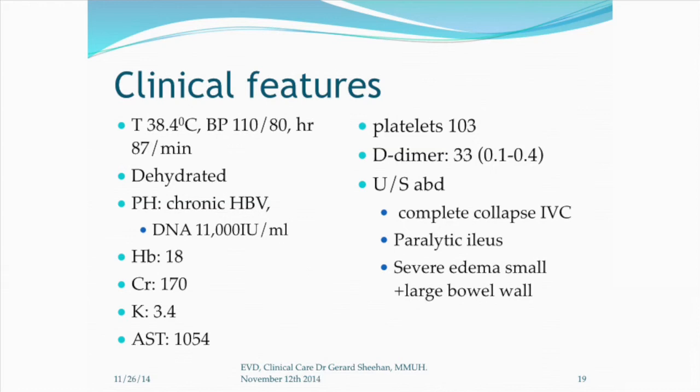Transaminase of about 1,000, hepatitis B perhaps contributing to that as well. Platelets down, but not much. D-dimers up in the sky, reflecting a DIC process. And an ultrasound of the abdomen showed complete collapse of his inferior vena cava, a more sophisticated way of assessing his dehydration. He had paralytic ileus, severe edema of the small and large bowel.